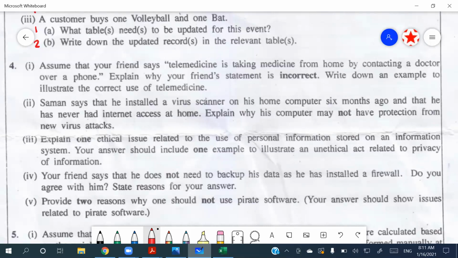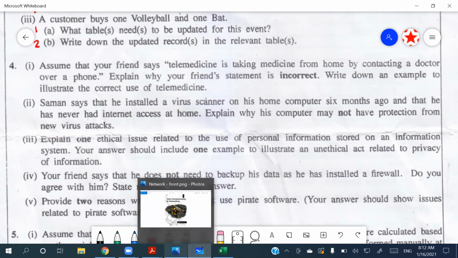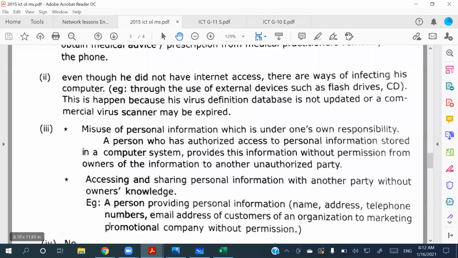The virus guard was installed 6 months ago and he does not have an internet connection, so the virus guard may not have been updated. Because of that, the protection for the computer is not happening completely. It may happen partially, so that particular computer will be at risk.